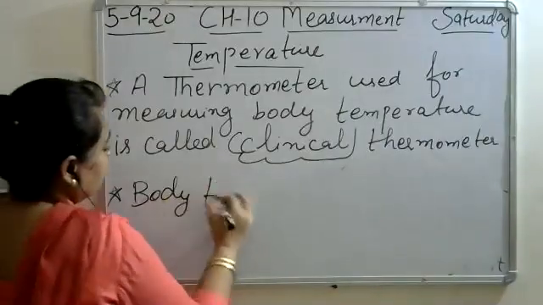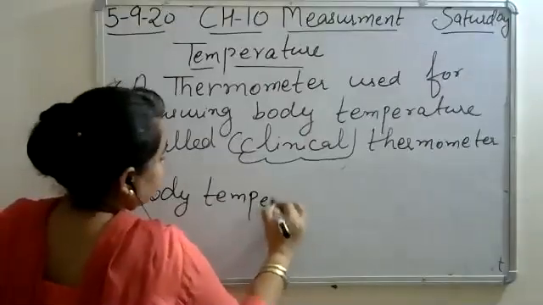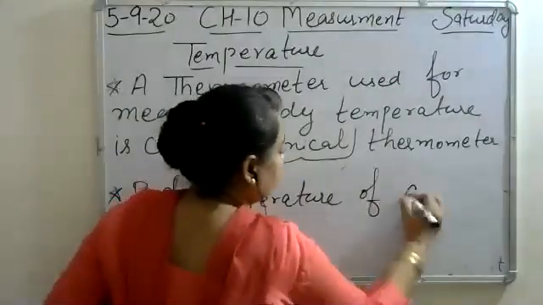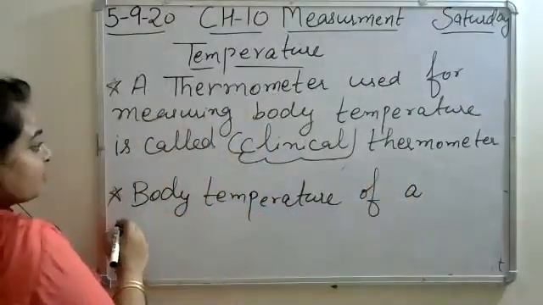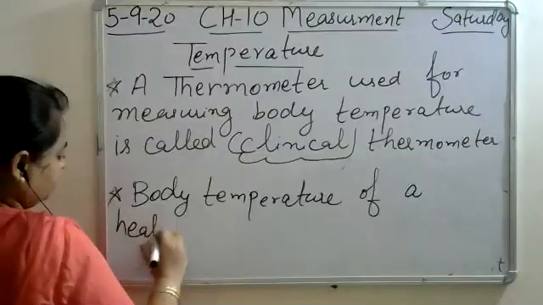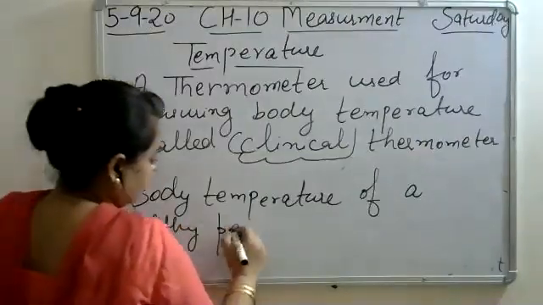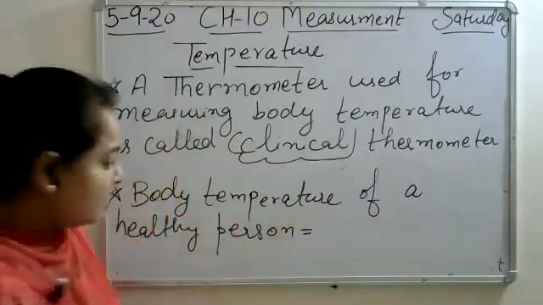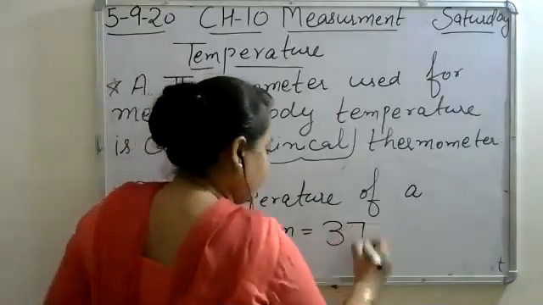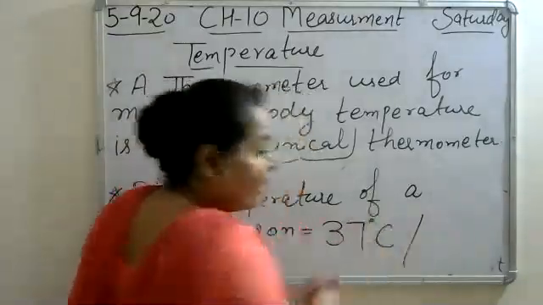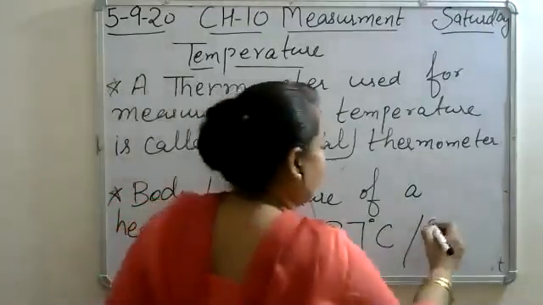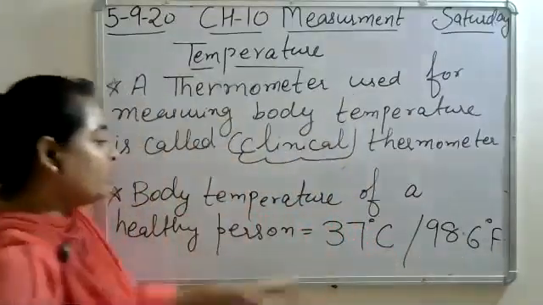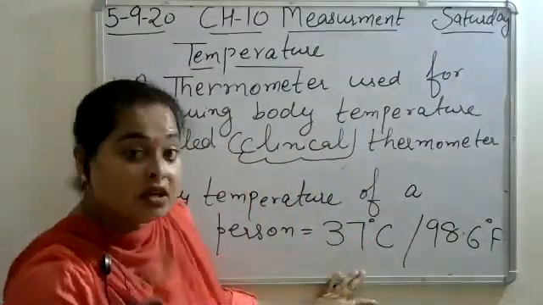Body temperature of a healthy person, a person who is fit, is equal to 37 degree in Celsius and in Fahrenheit 98.6.